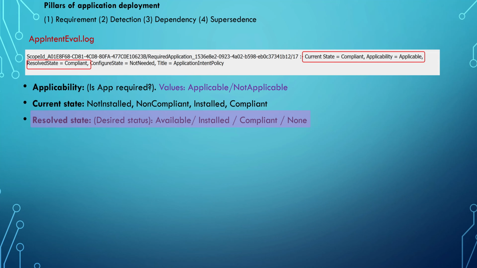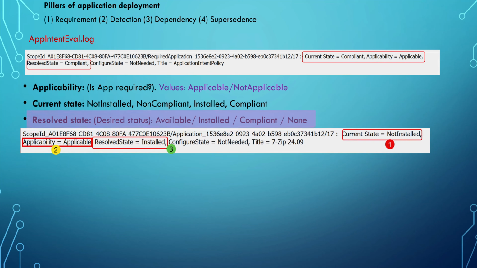Result state means, if you are deploying an application, it might be marked as installed, meaning we are targeting this application and it should get installed. So don't confuse result state with the current state. Result state means the desired state of the application. I'm giving another example. I targeted an application, current state is showing as not installed, means currently it is not installed.